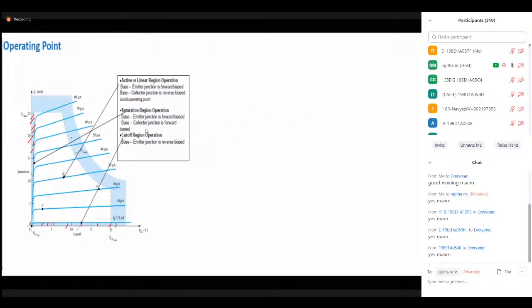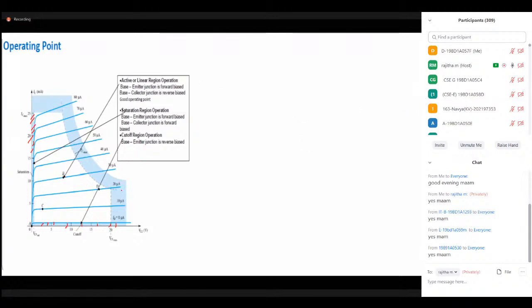In the active region, it depends on the current gain of the amplifier, so IC depends on beta times IB, since the input current in the common emitter configuration is the base current. With a fixed base current, for example 20 microamp, we have 5 milliamp of IC, and it increases linearly with the beta factor.